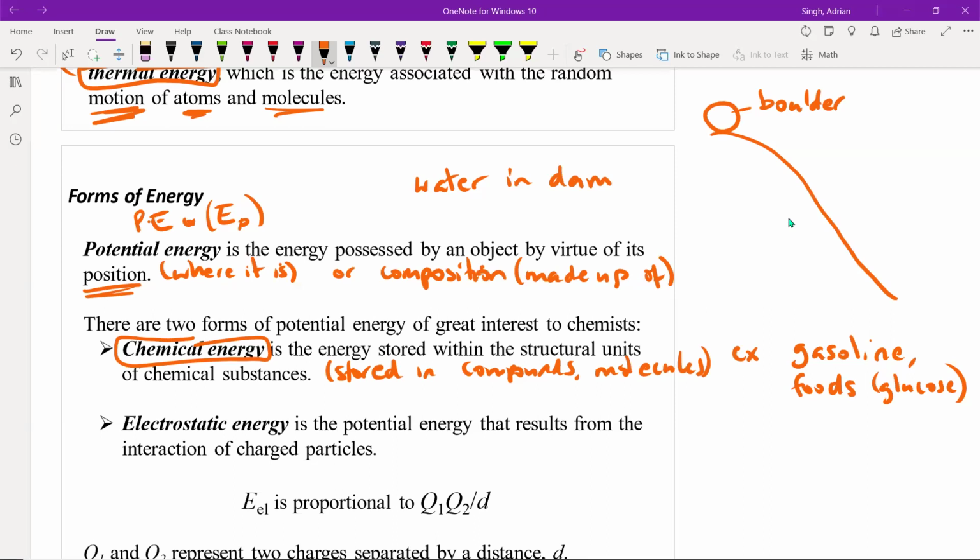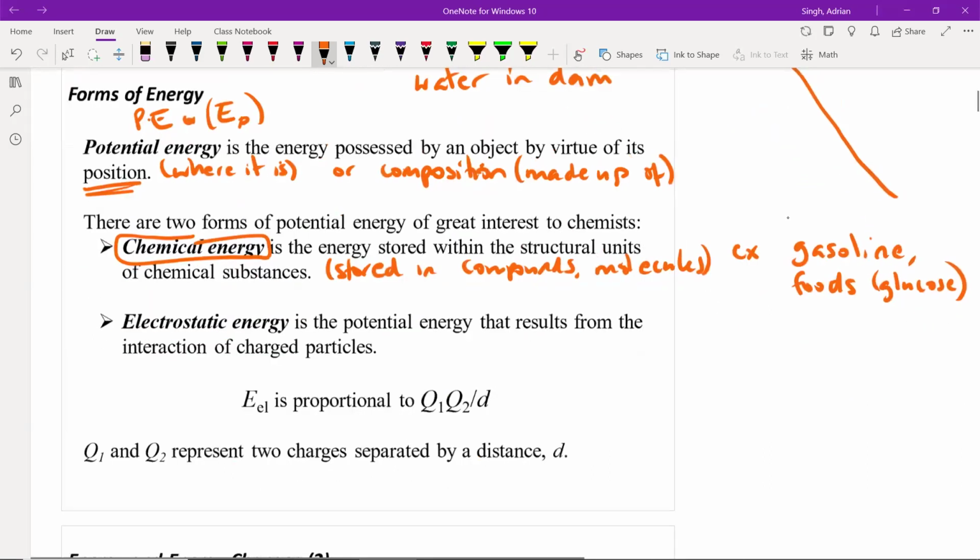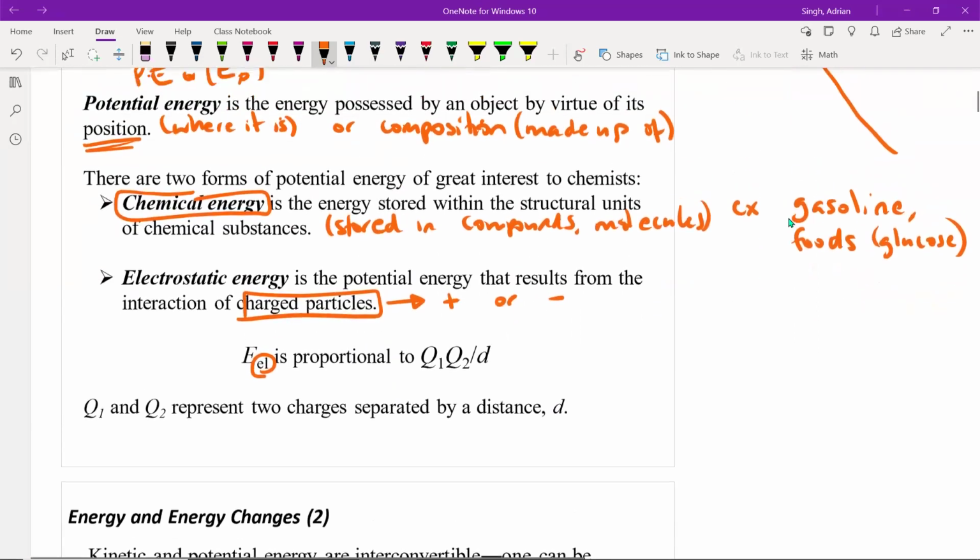Another type of potential energy that we're going to see is electrostatic energy. That is the potential energy that results from the interaction of charged particles. Charged particles, something that has a charge on it, can be either positive or negative. Those are your charged particles. And electrostatic energy, E sub EL, is proportional to the charges that are involved divided by the distance between them.